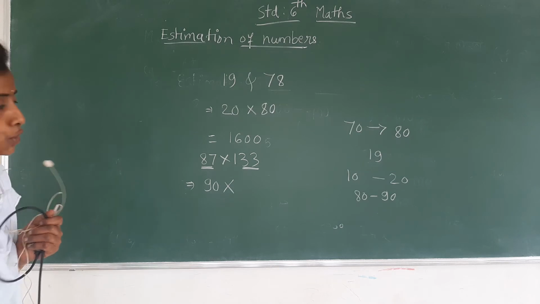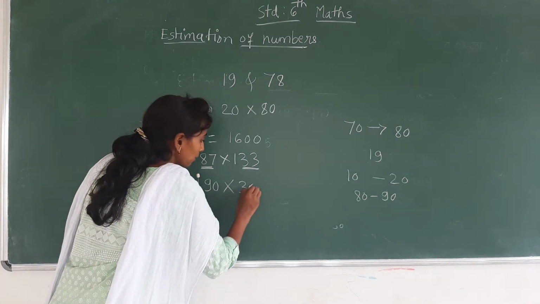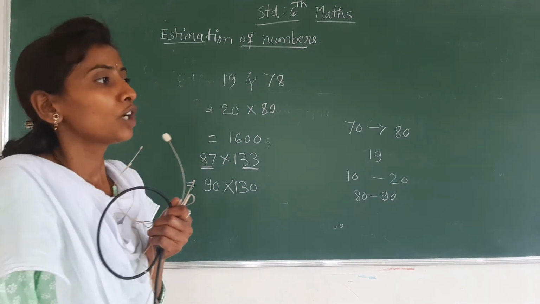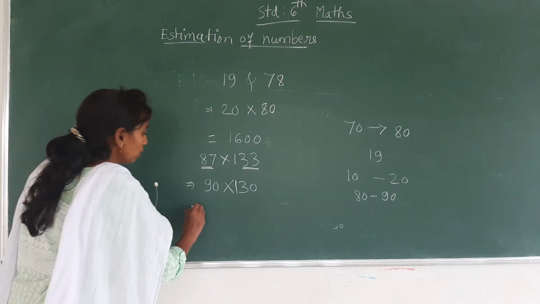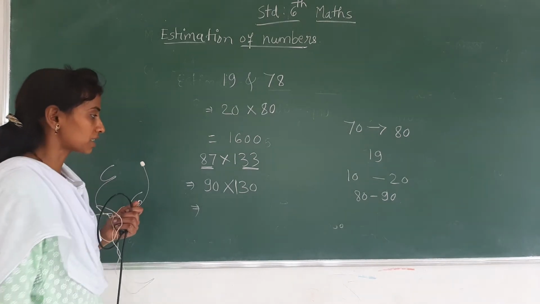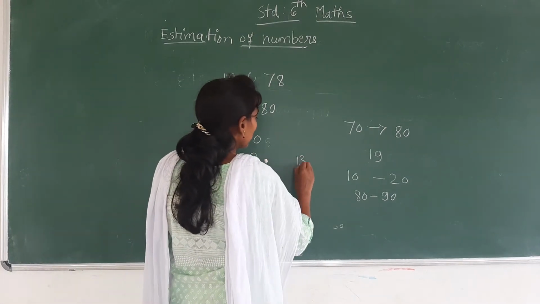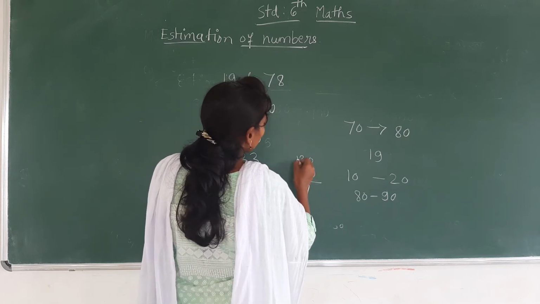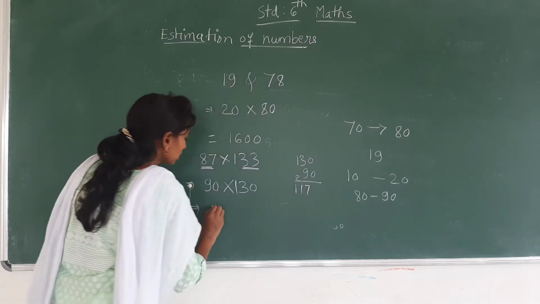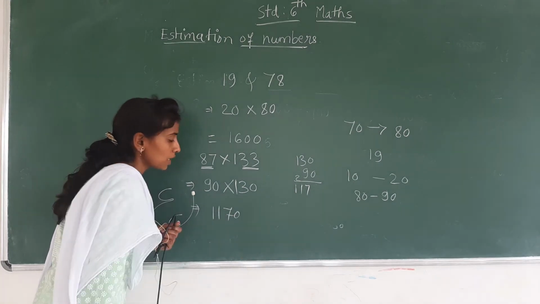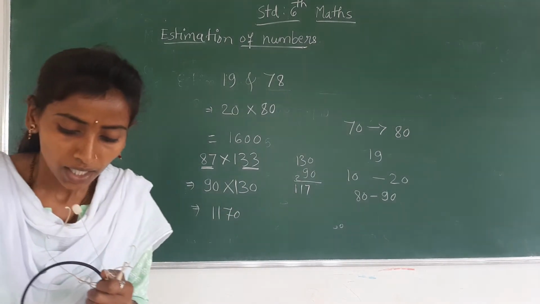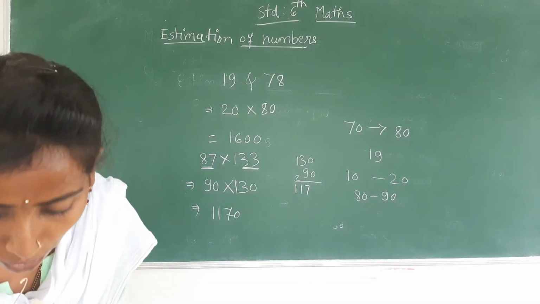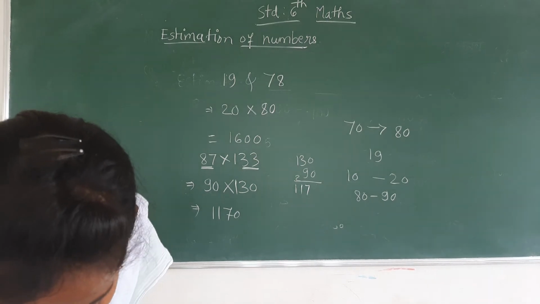So 133 is nearer to 130. Now we multiply these two numbers, 130 into 90. That is 11700. 11700 is our answer. Like this we are estimating the product of numbers.